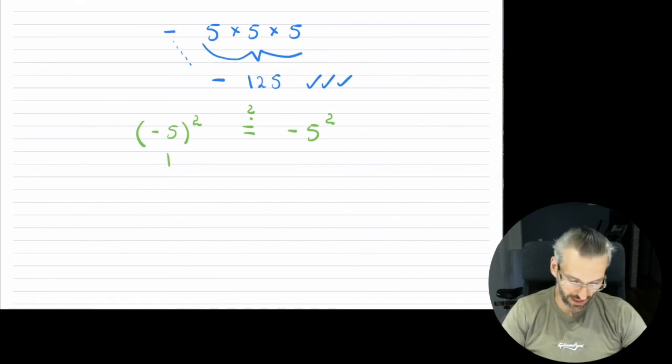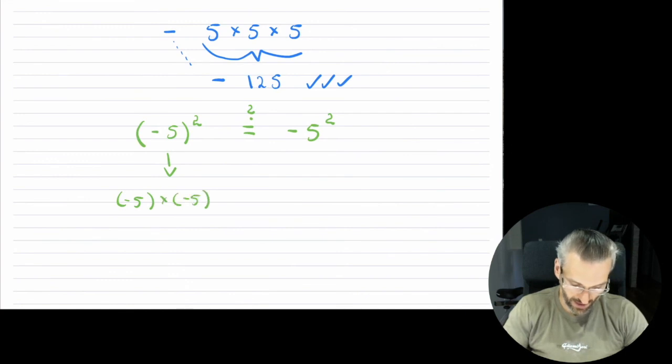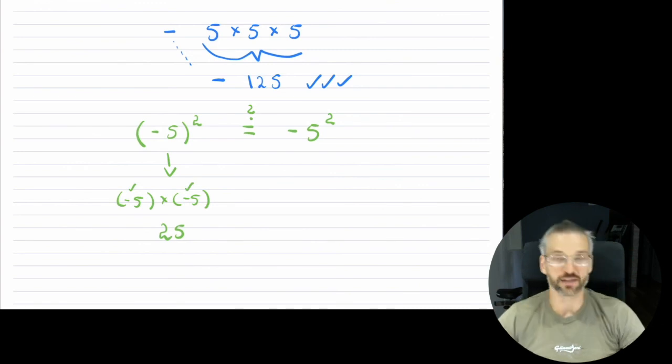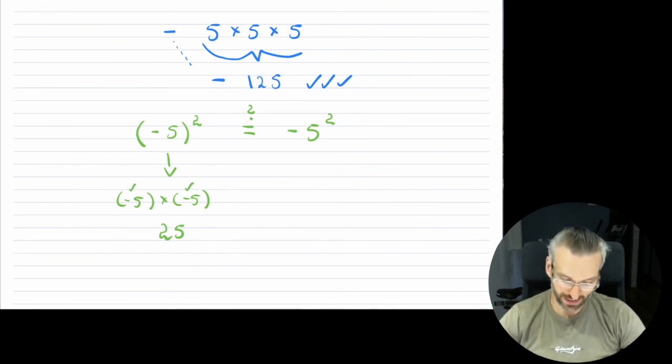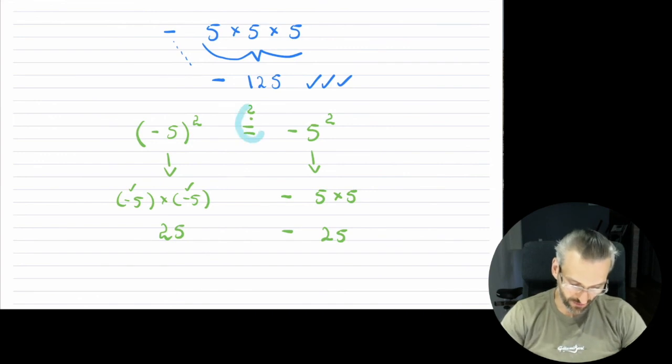Well, if you work it out, notice that this means -5 multiplied by -5, which is 25, because negative times a negative is positive. But in the other case, this means -5 times 5, and look what happens. This is negative. So be careful. They are not the same.